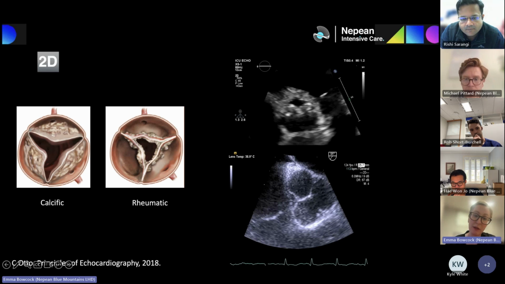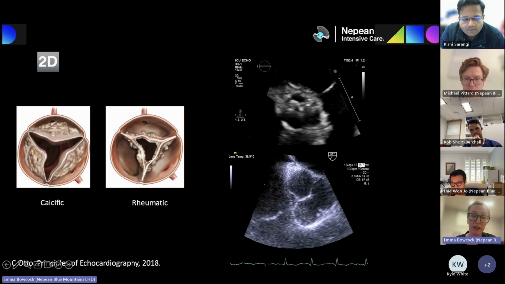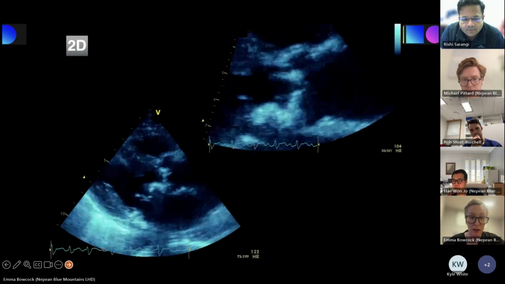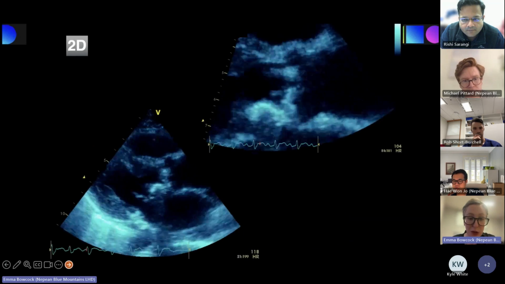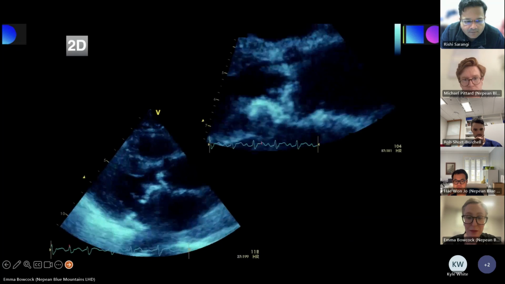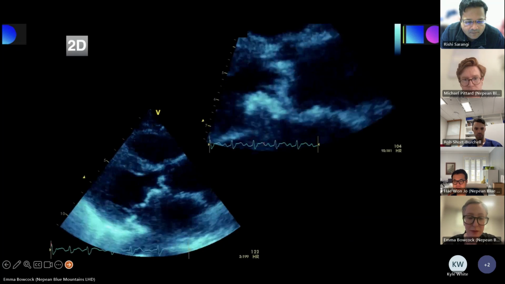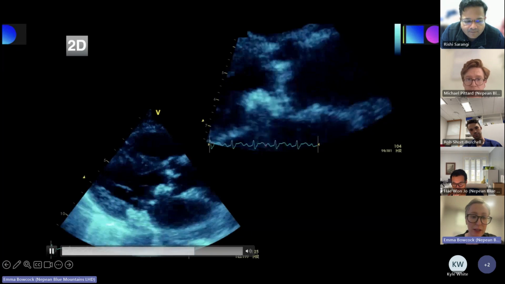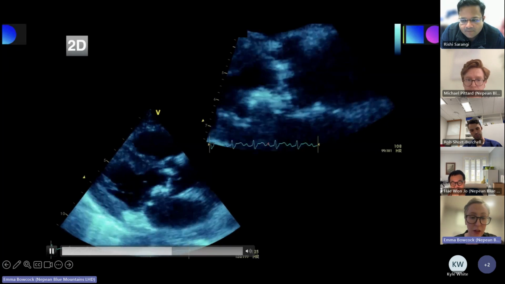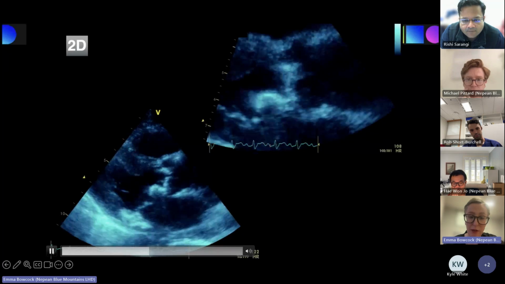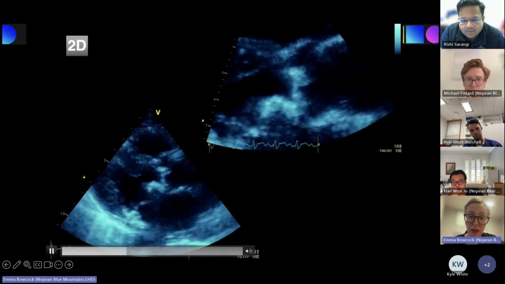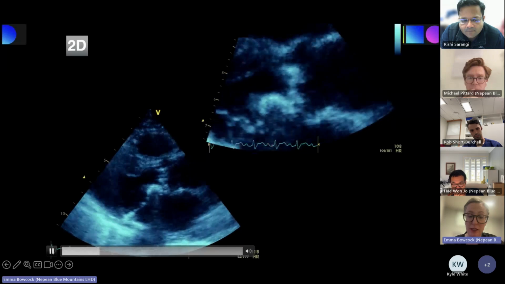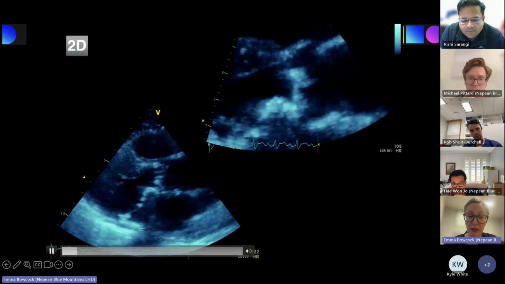As I said, rheumatic, it tends to be commissural fusion with thickening of the leaflet tips, and there are some clues to detecting that. Any volunteers to talk through this one? We have a parasternal long axis with quite significant mitral annular calcification of the posterior mitral annulus as well as the aortic mitral curtain.